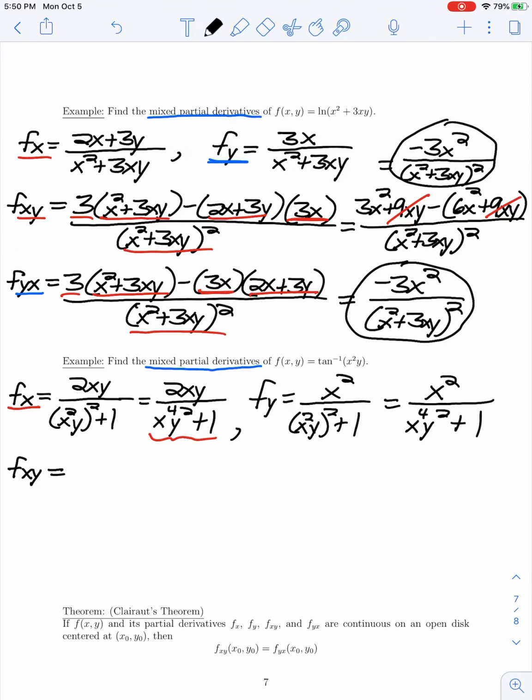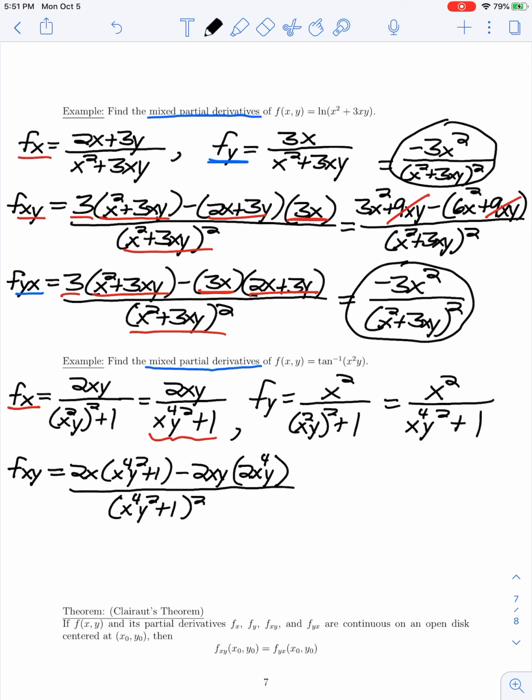So again, using the quotient rule, the derivative of our numerator with respect to y would be 2x times our denominator minus the numerator, 2xy, times the derivative of the denominator with respect to y, which would be 2x to the fourth y. And then this is all over our denominator squared.